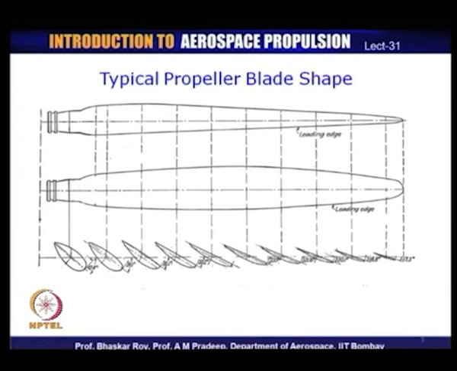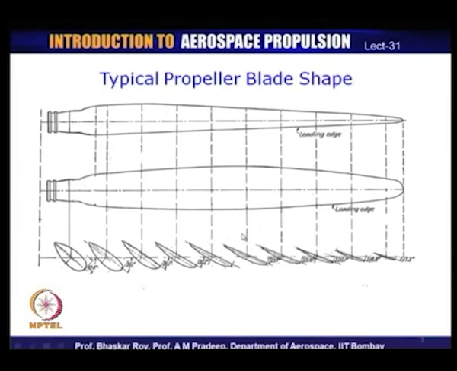Now, this is also conforming to the inlet flow angle phi, which we have seen in the earlier lectures, and conforming to the velocity field there. That means, a combination of forward velocity and the rotational speed omega r. So, the combination of the two creates this flow angle situation, and then of course, by design you accommodate a small amount of angle of attack, which finally creates the blade setting angle beta.